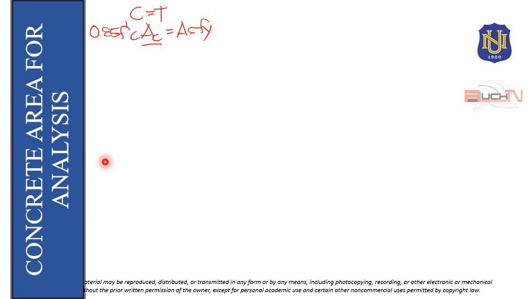So, AC is equal to ASFY over 0.85 of F prime C. So, ito na ngayon yung concrete area natin for compression na magbabalidate dun sa T-beam analysis natin.